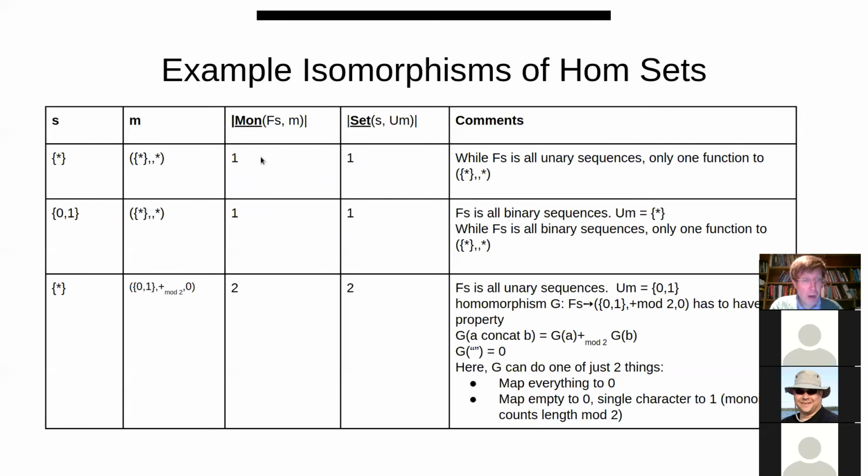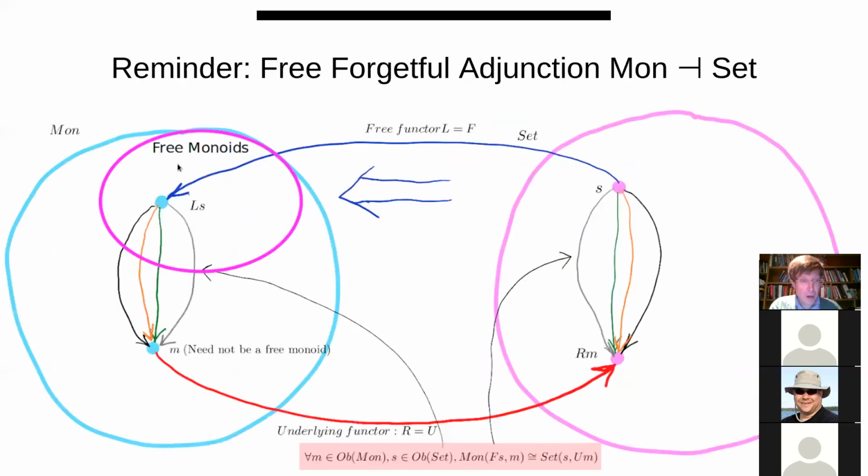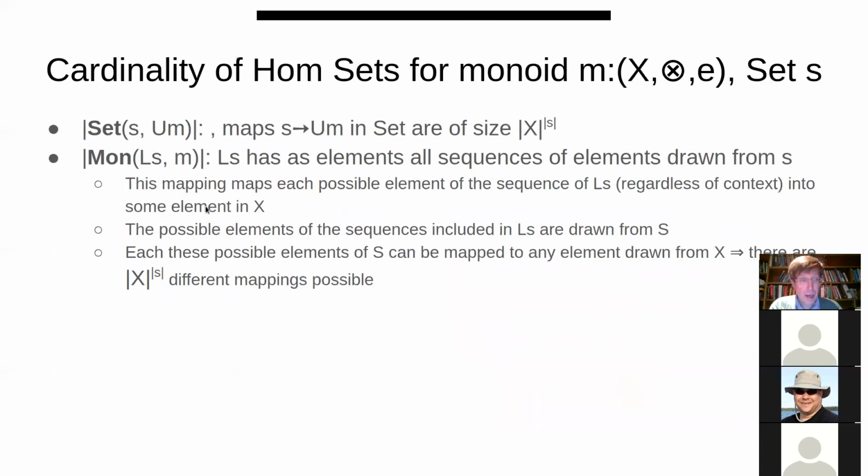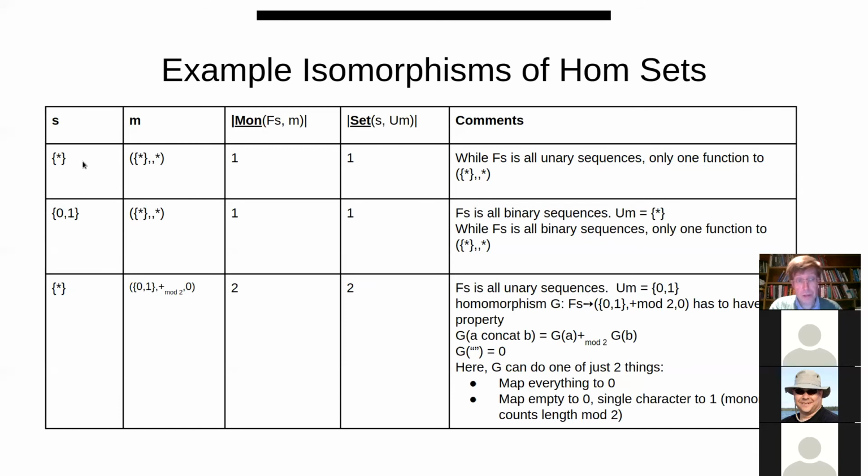For the monoids, here we're going to have monoids consisting of unary sequences of stars. That's what this is. It's a unary sequence. The free monoid LS is unary sequences of stars.